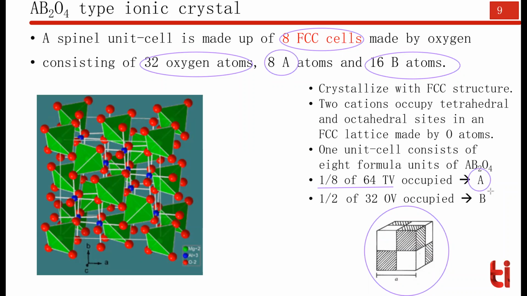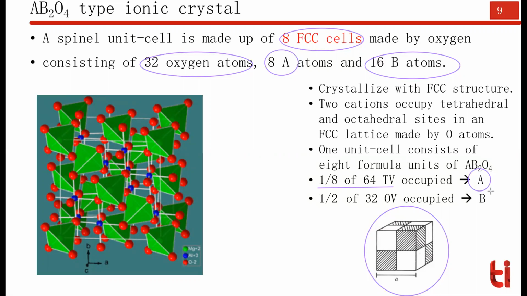Sorry, I couldn't hear. Sir, 4. 4. Good. Right? So effectively, if I have 4 octahedral voids in one unit cell, and I have 8 such subunit cells, then 8 into 4 gives me 32 octahedral voids.